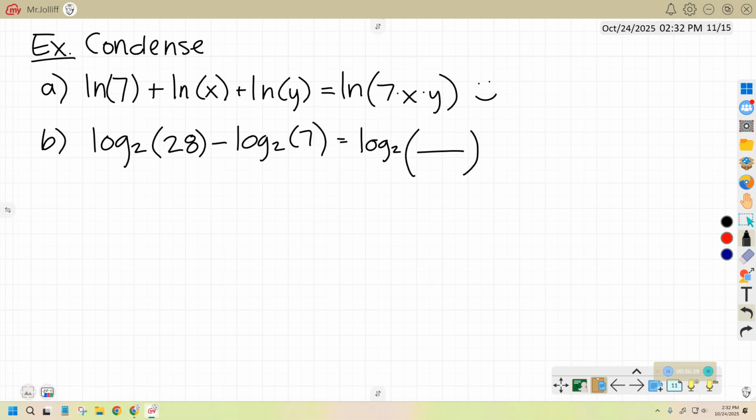And it's top minus bottom. So 28 must have been the top of the fraction. 7 must have been the bottom. What is 28 divided by 7? Yeah? And that, on your calculator, is a nice pretty whole number. Good. One more.